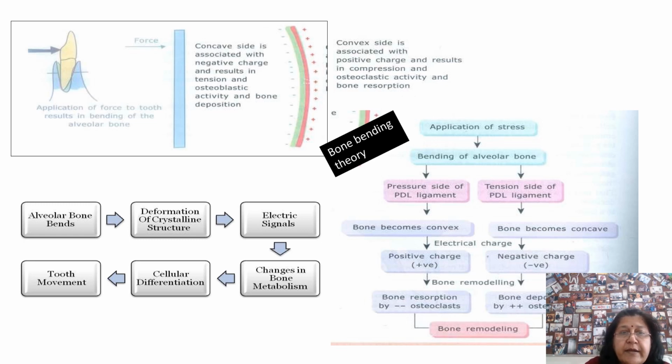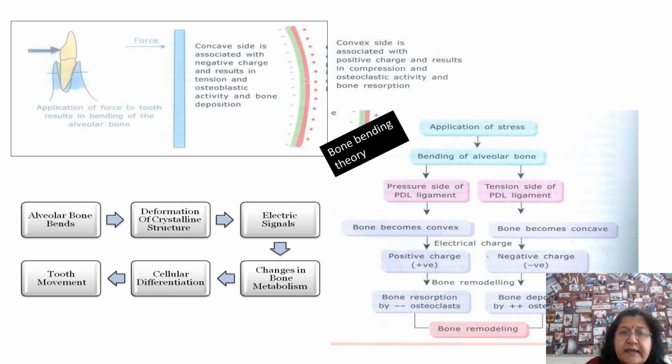So according to him, whenever force is applied on the tooth, both the alveolar and the medullary cortical plates move closer and the bone becomes convex, and the convex surface is associated with positive charge leading to bone resorption, as opposed to the pressure tension theory where positive sign indicates deposition and negative indicates resorption.